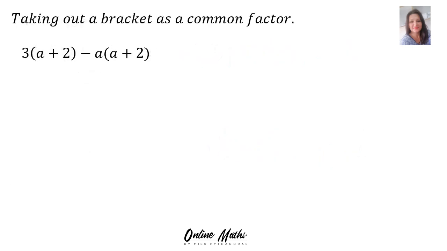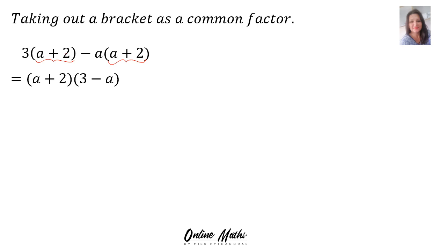Now on this slide, I want to show you that you can take out a bracket as a common factor, as long as the bracket is exactly the same. So when I give you 3 bracket a plus 2 minus a bracket a plus 2, the common factor is in fact the bracket a plus 2. Can you see they look exactly the same? So now you can pull out the bracket a plus 2.